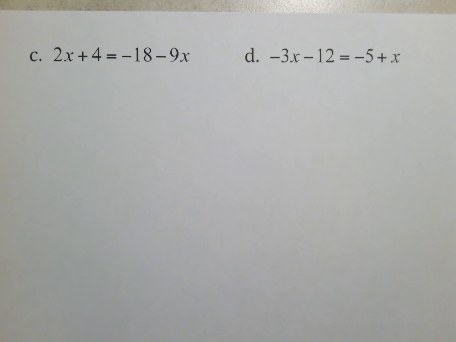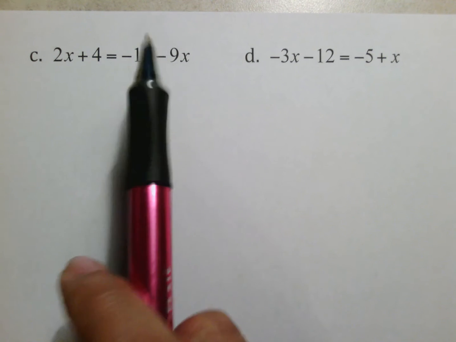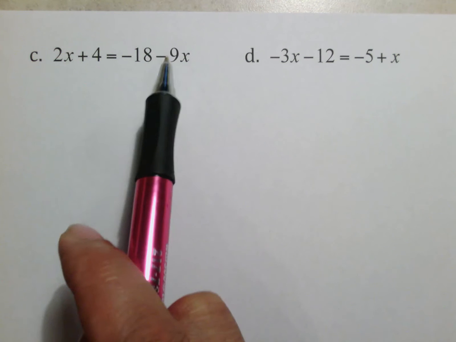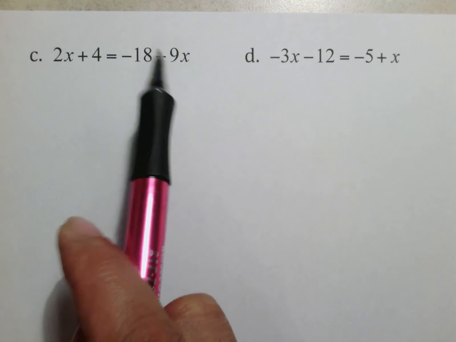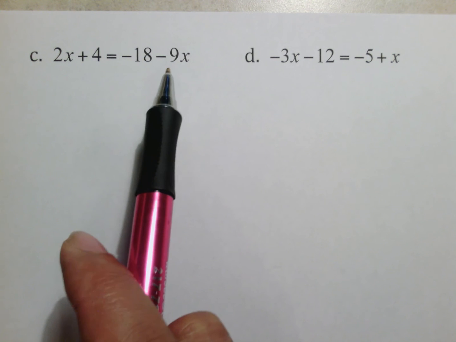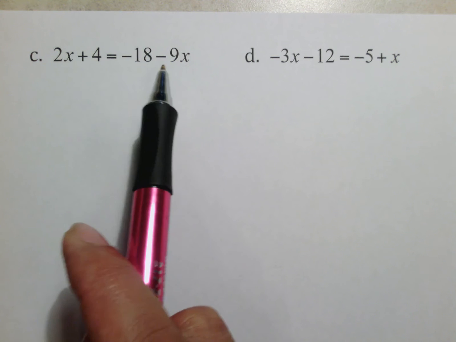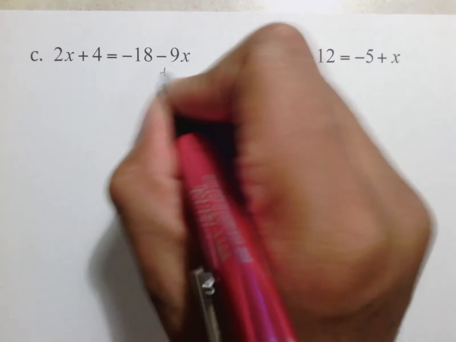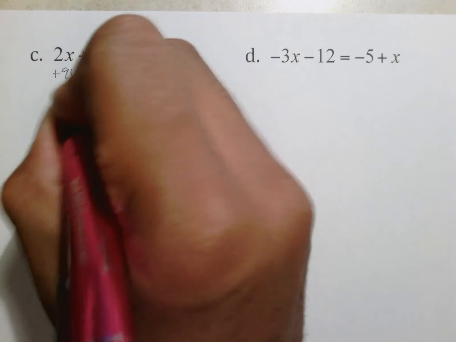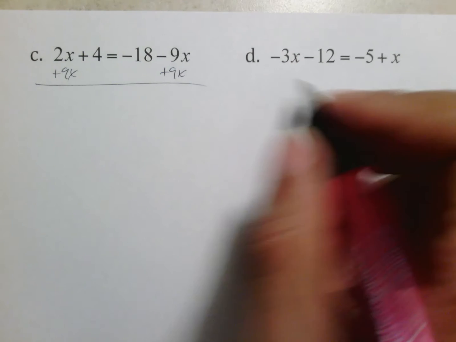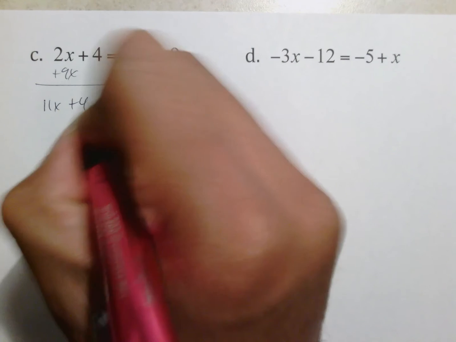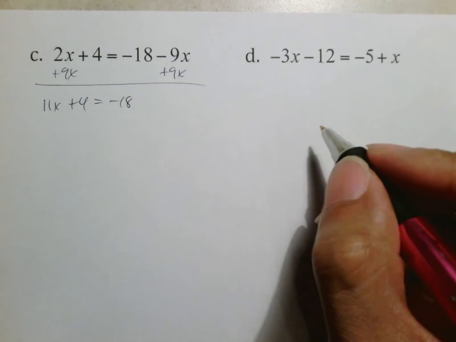C, 2x plus 4 equals negative 18 minus 9x. Now be careful on these, because what somebody will say is that 9 is bigger than 2, but that is a negative 9 and a positive 2, which means that the negative 9 is actually smaller. So anytime you have a positive and a negative, it makes more sense to move the negative, because notice that I am actually going to add 9x to both sides, getting 11x plus 4 equals negative 18.